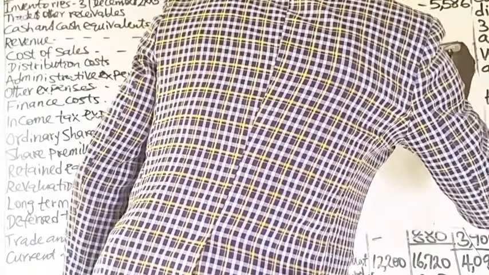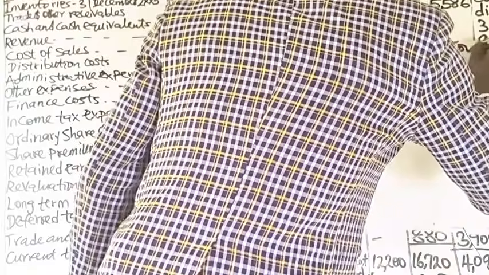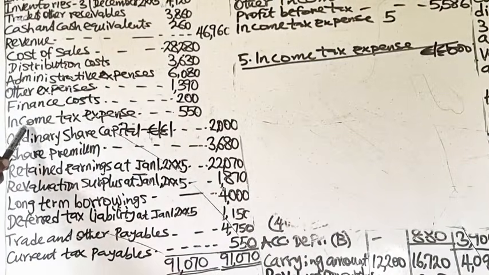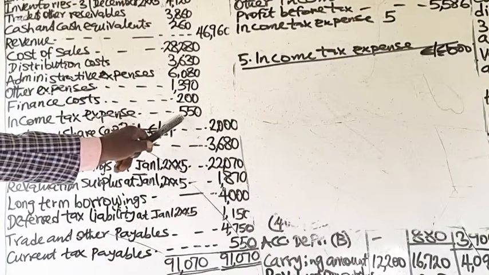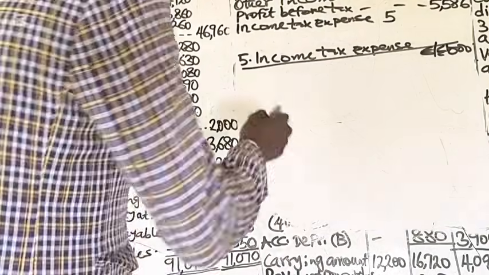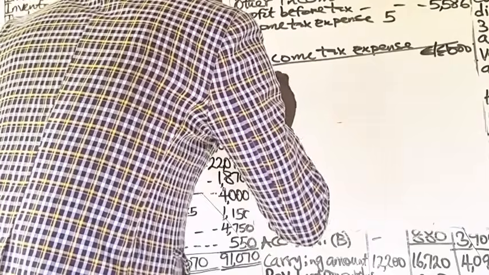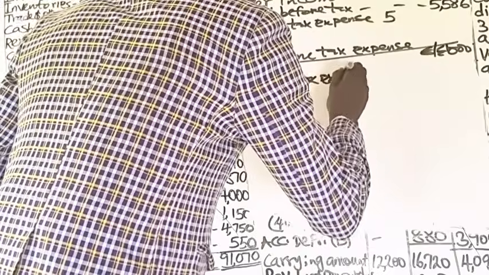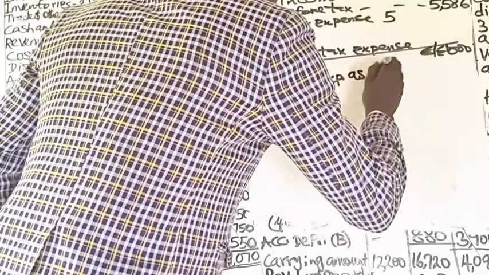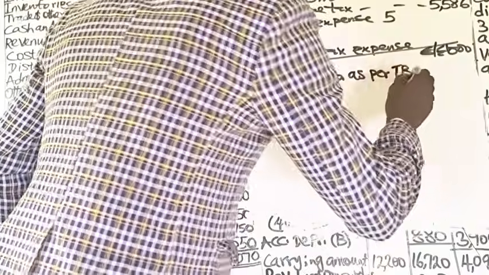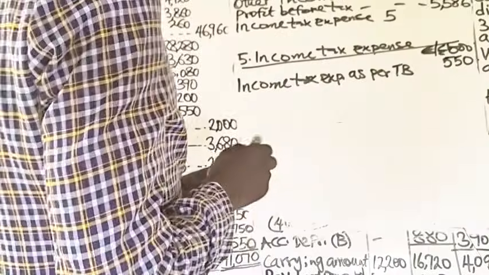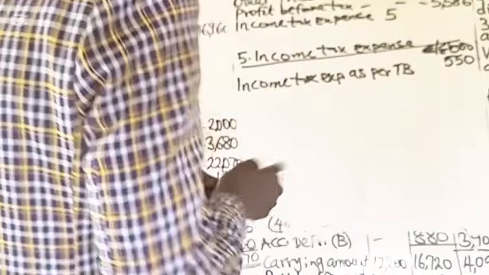If you go to the profit or loss, you have income tax expense as per trial balance, and that amounted to 550,000.